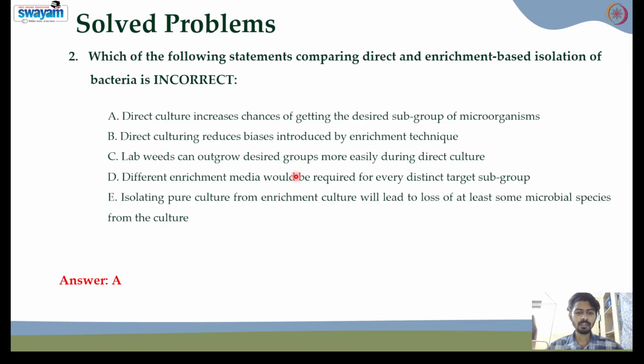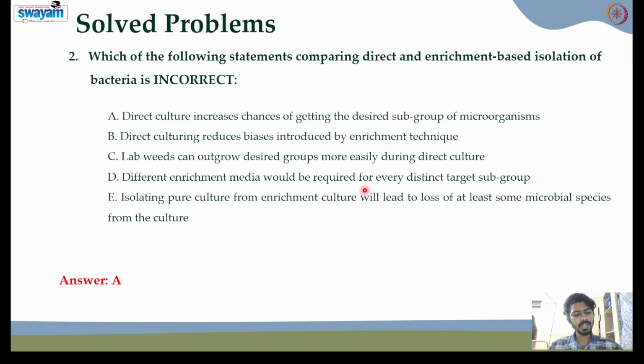And option D, different enrichment media would be required for every distinct target subgroup. Yes, to isolate different microbial subgroups, each with unique requirements, different enrichment media would be required in order to selectively select the target subgroup.